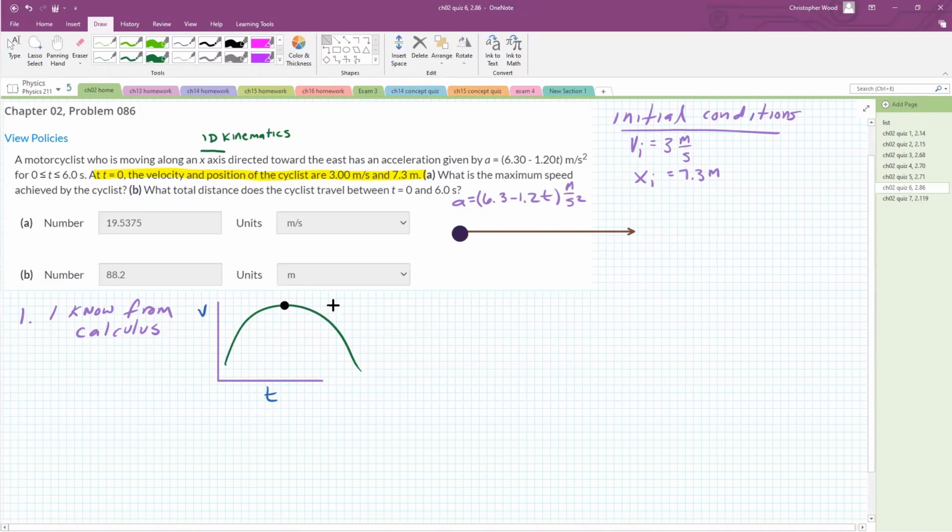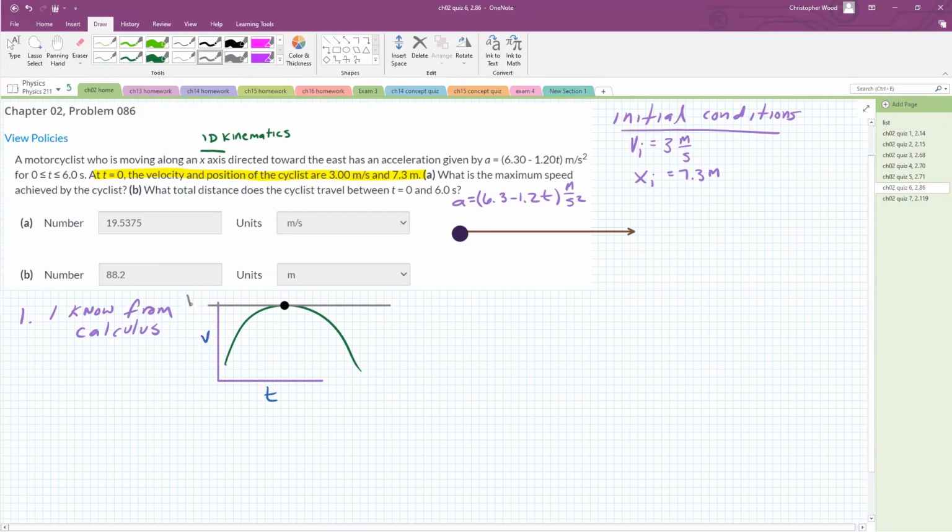So all I need to do is draw a tangent line at that point and just have it go all the way. And there you go, right there. This value, let me move this down. Okay, this is V max.